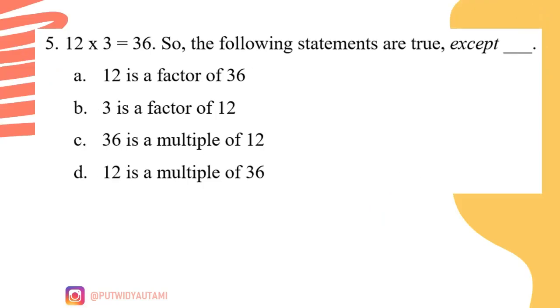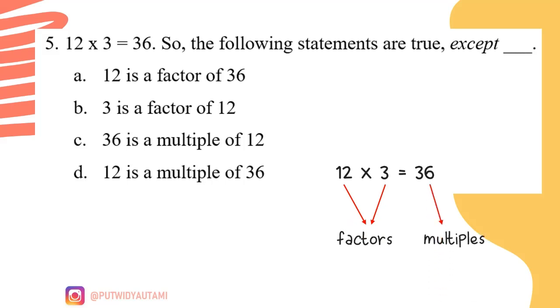Now is number 5. 12 times 3 is 36. So, the following statements are true except, just like before, we know that 12 and 3 are the factors and 36 is the multiple of them. Okay?